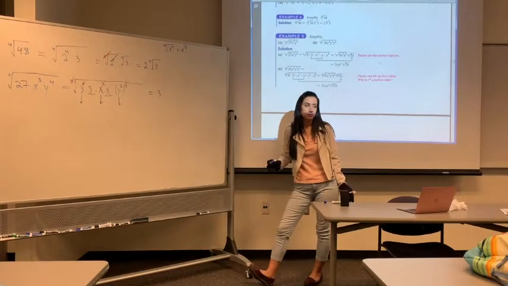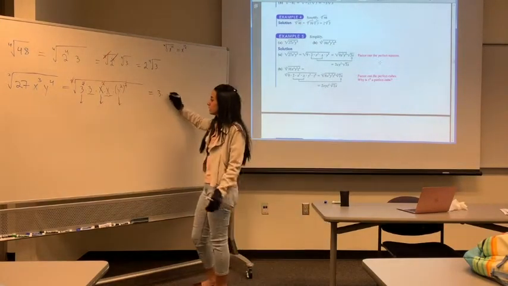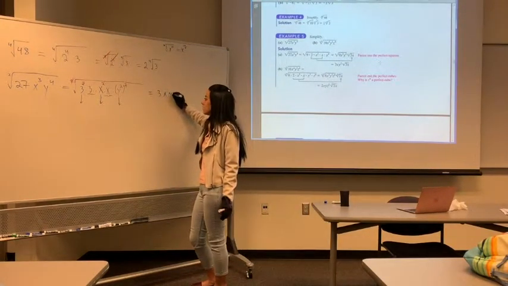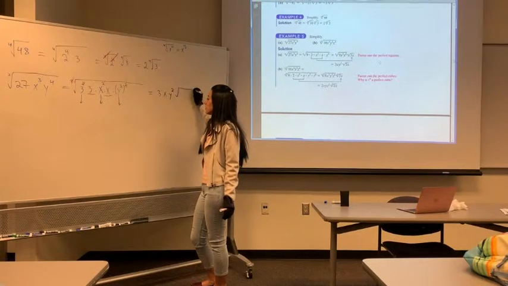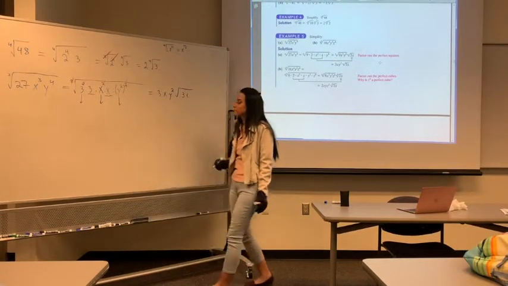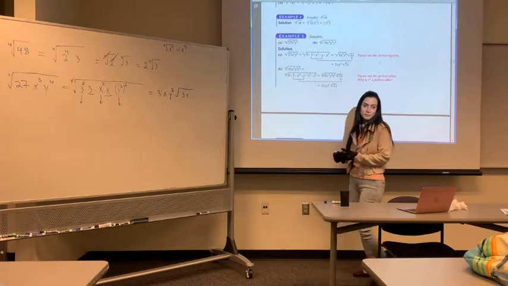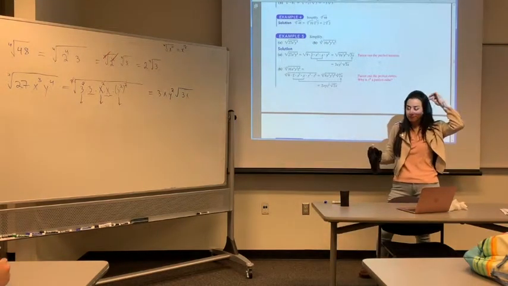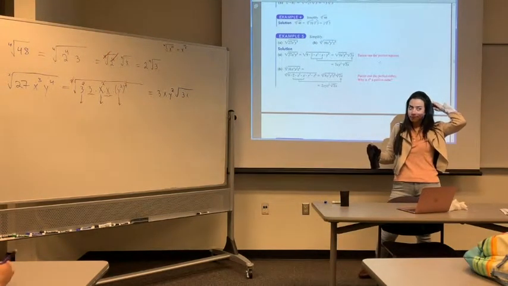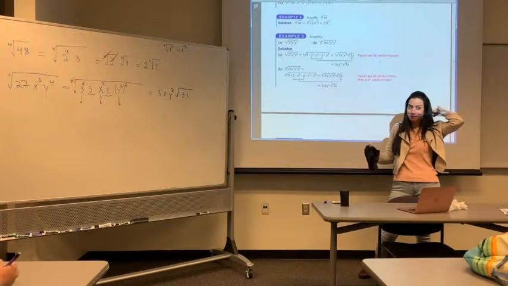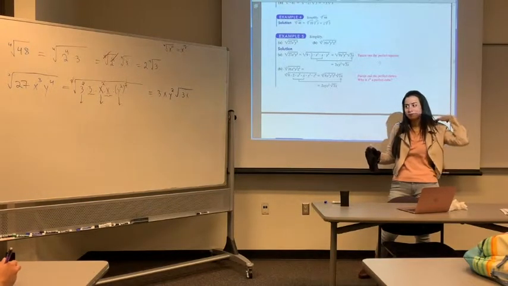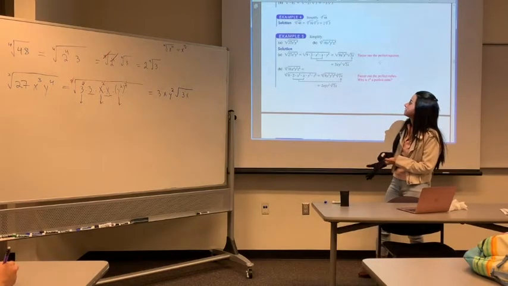Okay? So 3 comes out, x comes out, y squared comes out, 3x stays inside the radical. Correct? This is the answer.